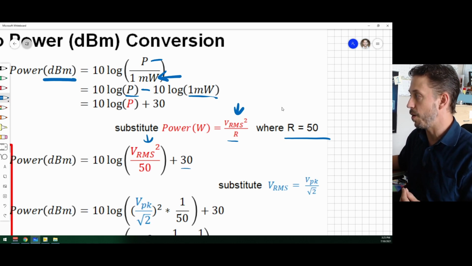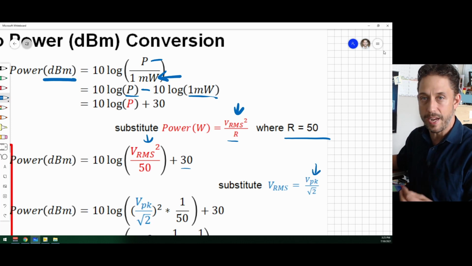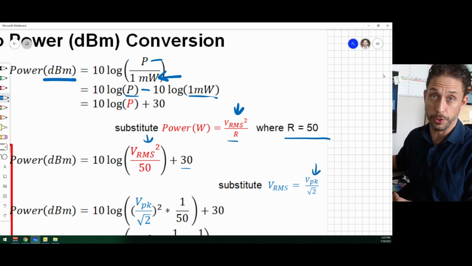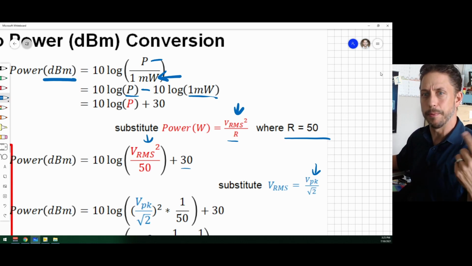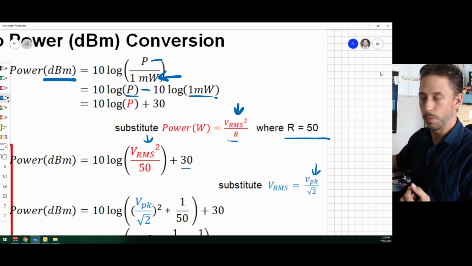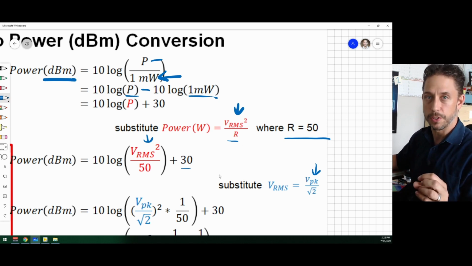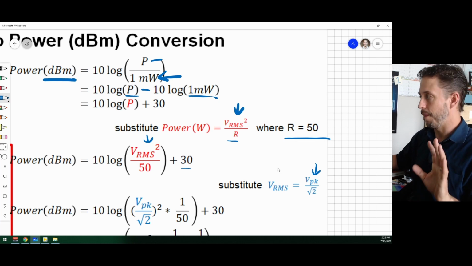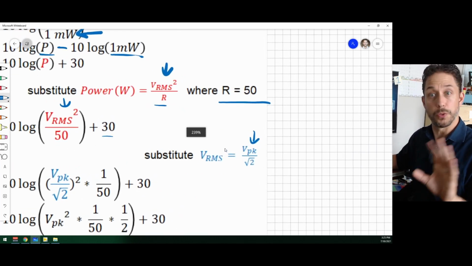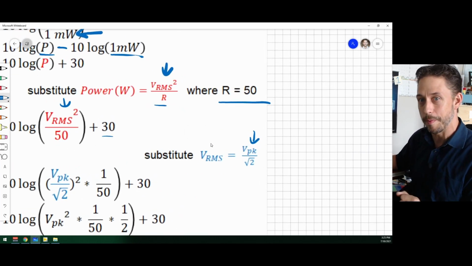And something that we know about volts RMS is that it's functionally equivalent to volts peak over square root of 2. And that's a very, very important distinction. This is where a lot of people get messed up along the way, as they confuse themselves in terms of what's important. And they say volts peak to RMS. Once we get to the simplified equation, you won't have to worry about this anymore.